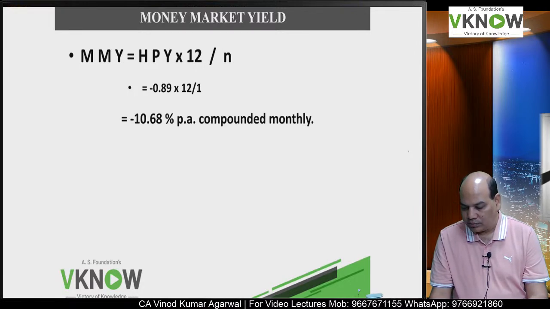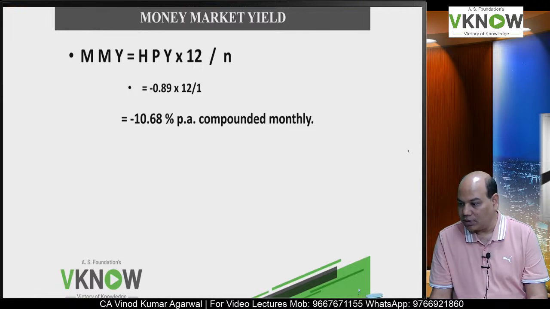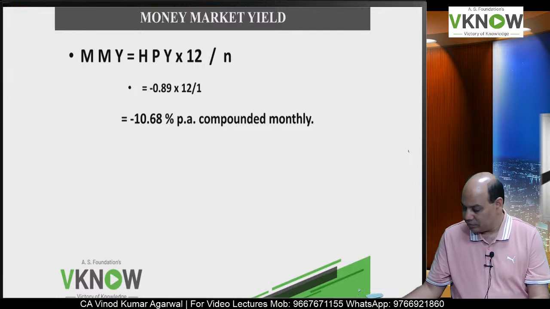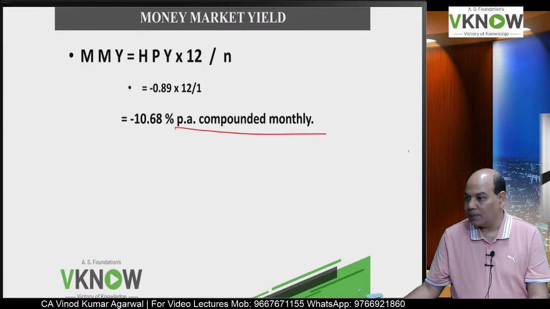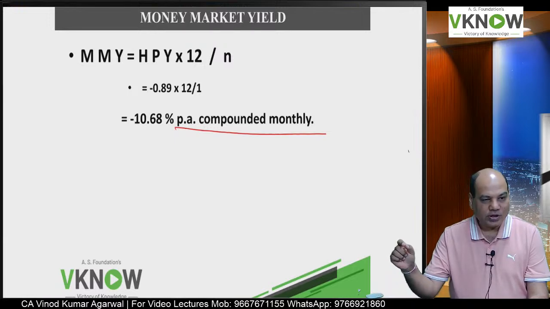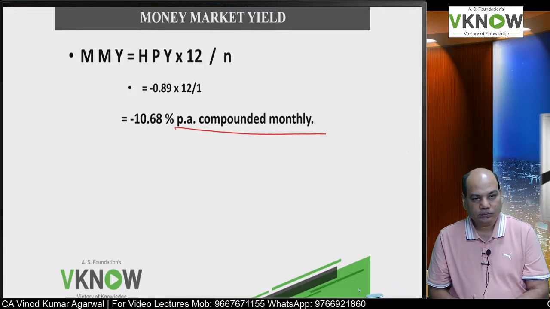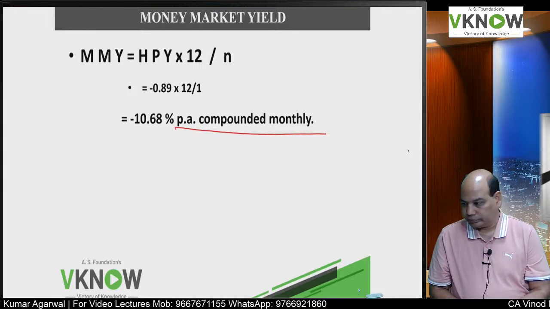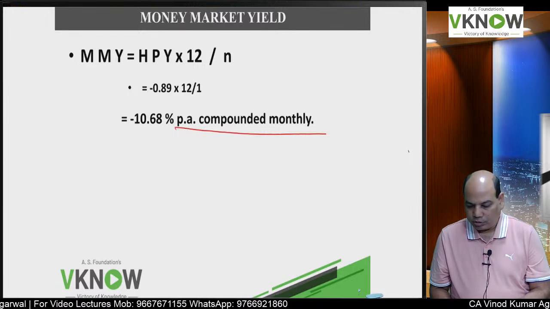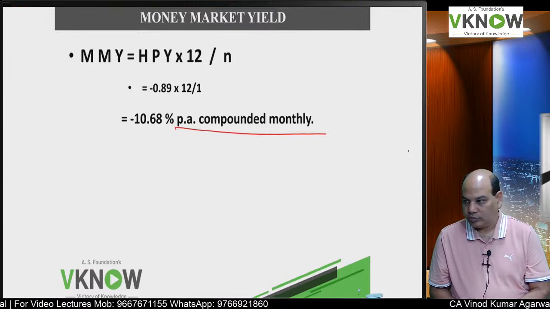So the answer is minus 10.68% per annum compounded monthly. You have to write in full: per annum compounded monthly. Check the calculation. Compounded monthly. Is it right?